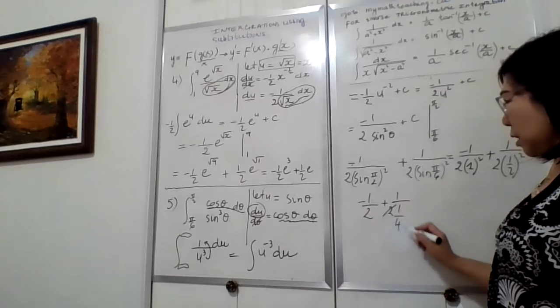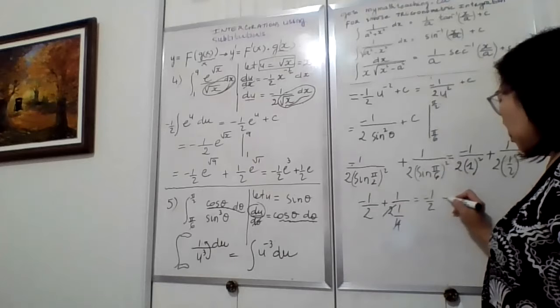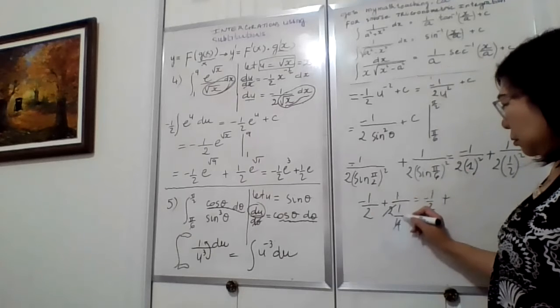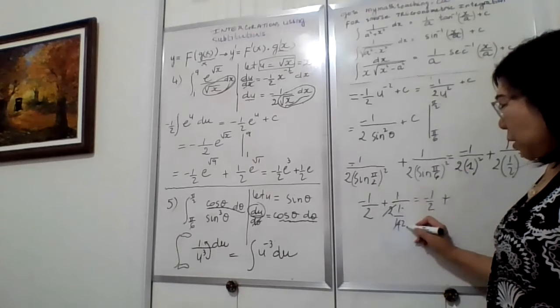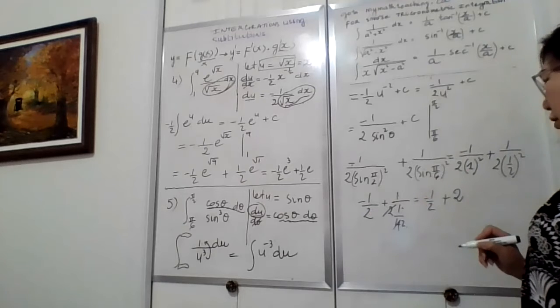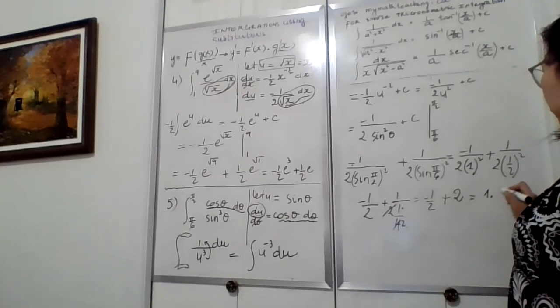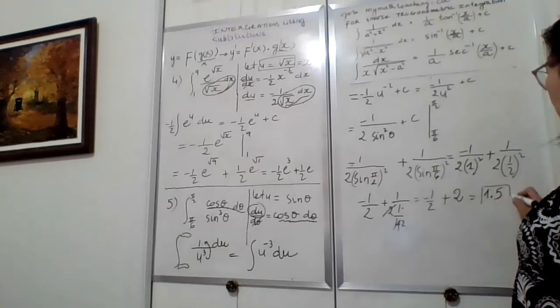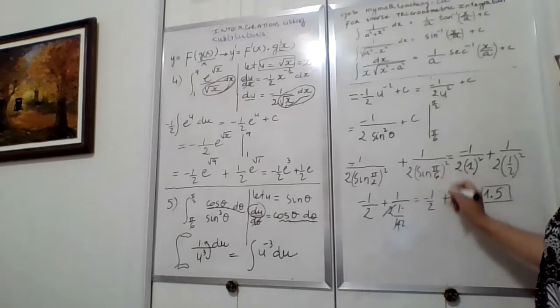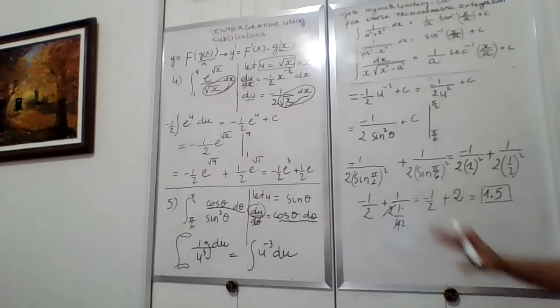Now this cancels out with this. So it becomes minus 1/2, adding 1 divided by 1 over 2. But 1 divided by 1 over 2 is the reciprocal, which is 2. So this becomes 1.5. And that is, after we evaluate the interval, what we get for this question. So that is question 5.